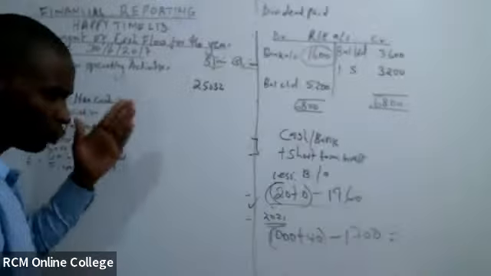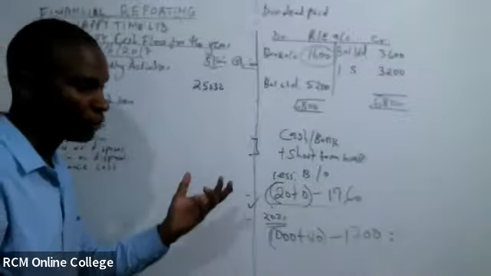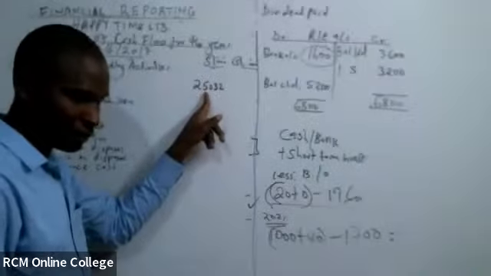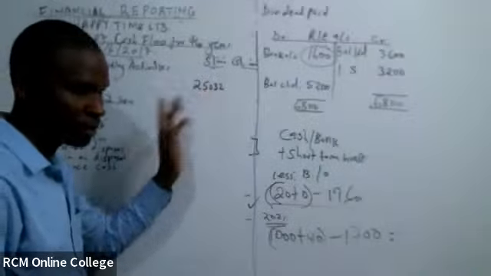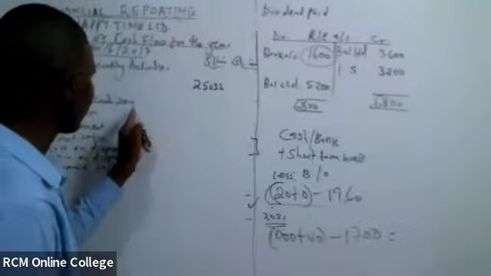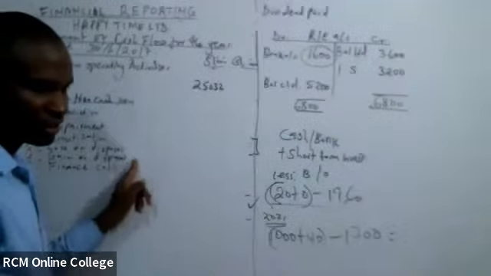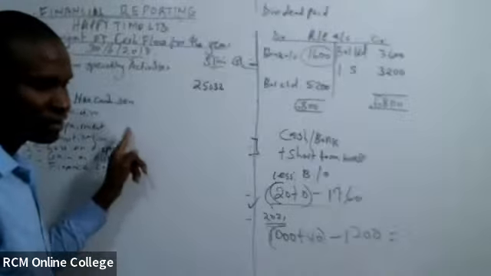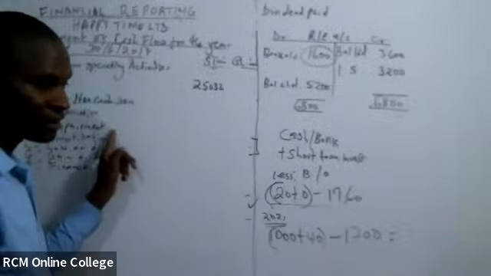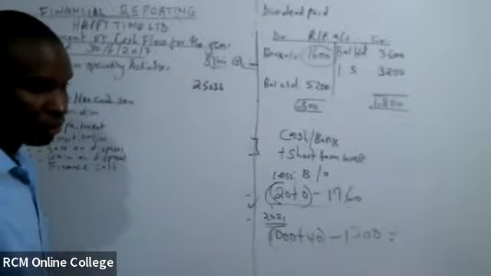So what we do, and this is just the format of what you should be doing when you're studying: where we have our profit before tax, you look up. If you find any item that is listed here, if it was subtracted, you add back. If it was added, in order to give rise to this, you do the opposite.